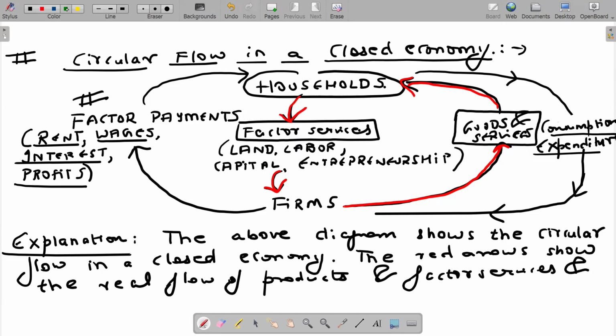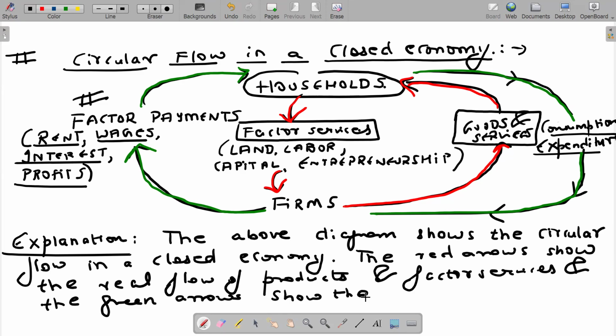And now the green arrows. The green arrows show the money flow of spending and incomes.